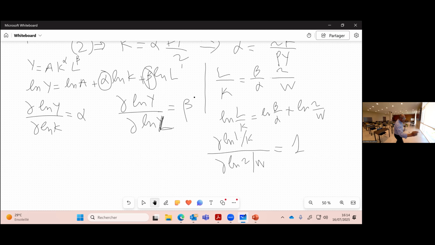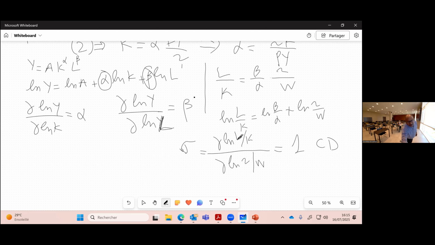And this is exactly the definition of the elasticity of substitution between K and L, which we generally note sigma, equal to 1. The Cobb-Douglas specification for the production is characterized by an elasticity of substitution equal to 1.